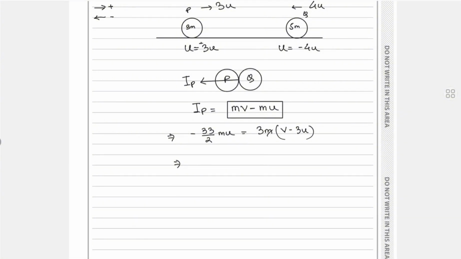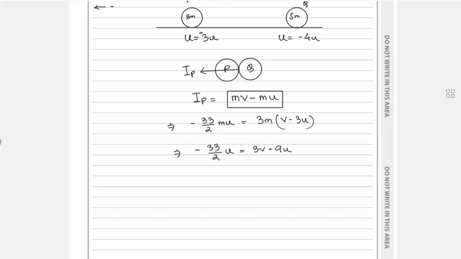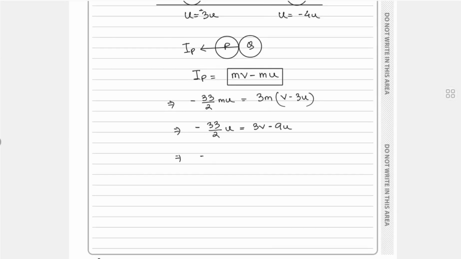We can cancel out this m. So minus 33 by 2 u equals 3v minus 9u, so minus 33 by 2 u plus 9u equals 3v.